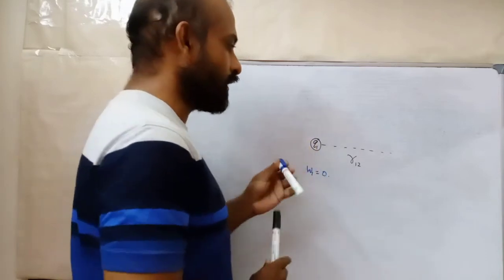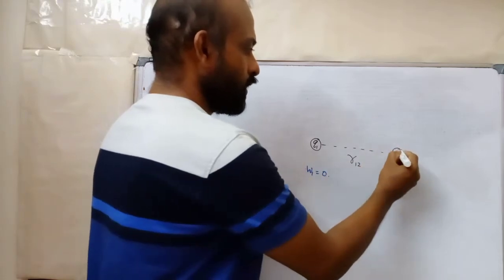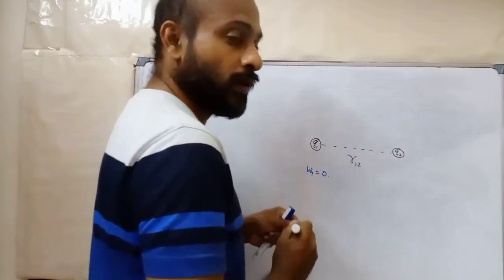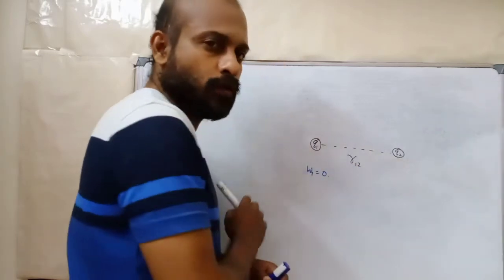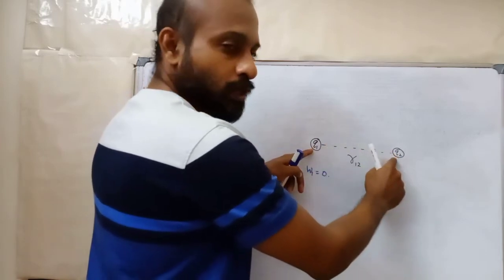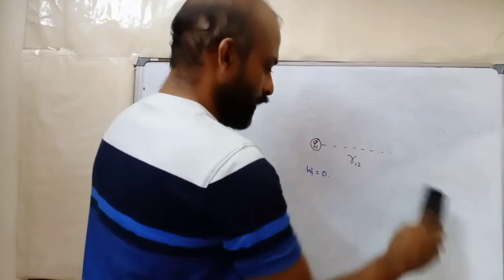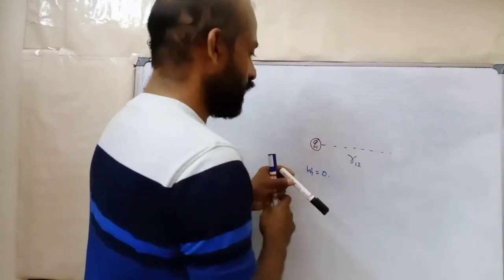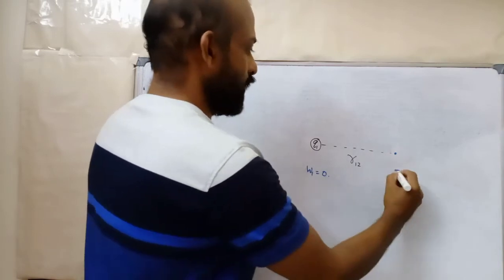Now I will bring the second charge, Q2, here to this point, from infinity. Now the problem is, at this point there is already an electric potential. At this point, the electric potential, I will say, is V1.